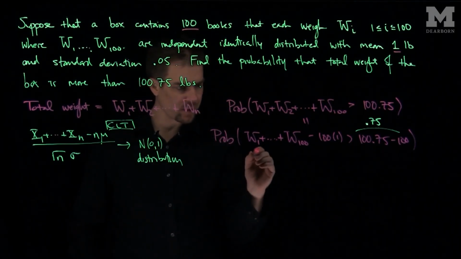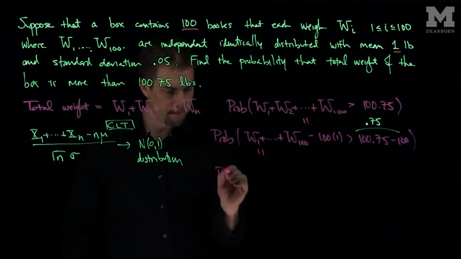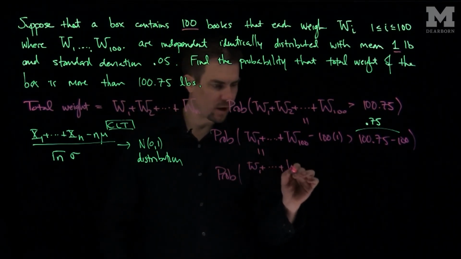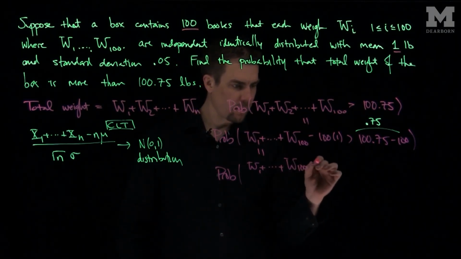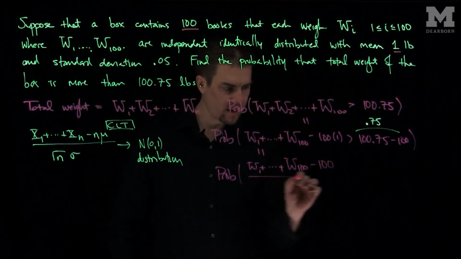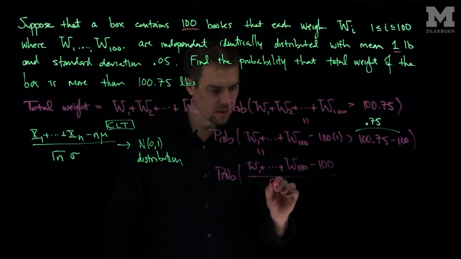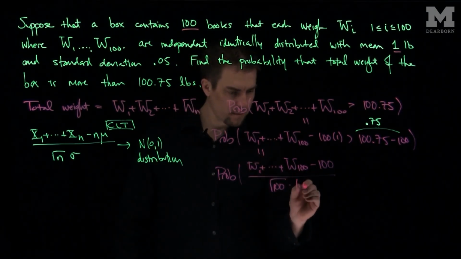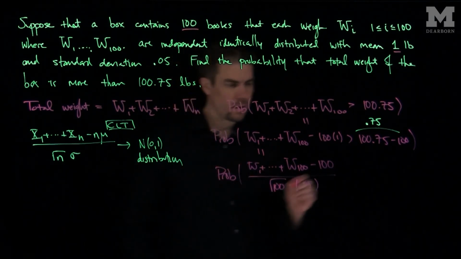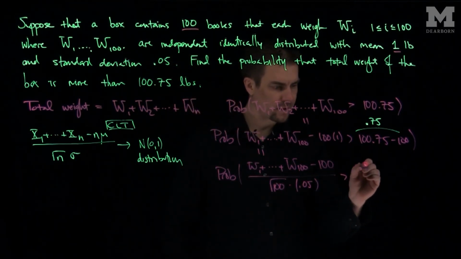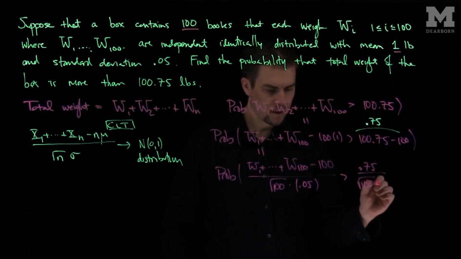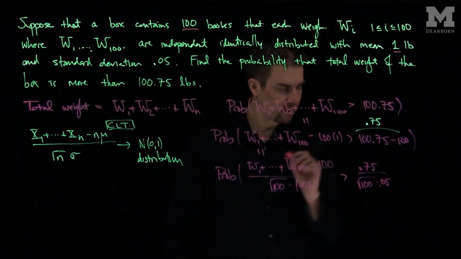So this is equal to the probability that W1 plus through W100 minus 100, divided by the square root of 100 times 0.05, is bigger than 0.75 over the square root of 100 times 0.05.